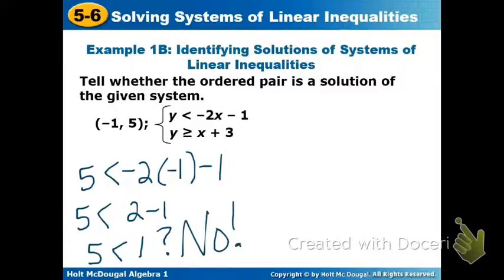No. So guess what? Because we found that no on that first attempt, you do not need to go through and do that other inequality there. We found our no, that means no, that coordinate point is not a solution.